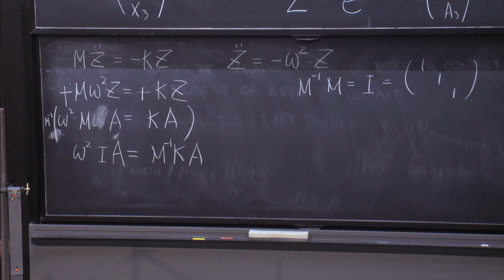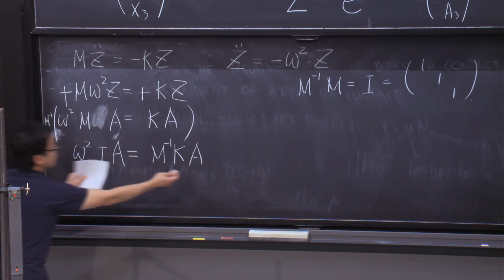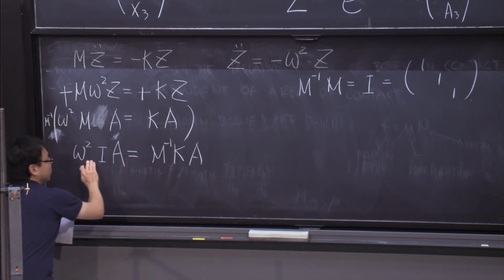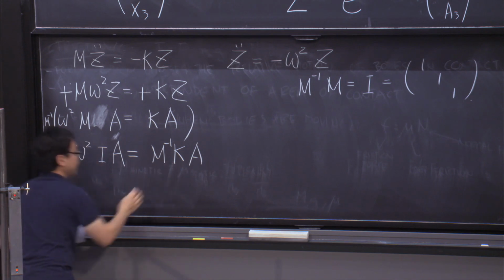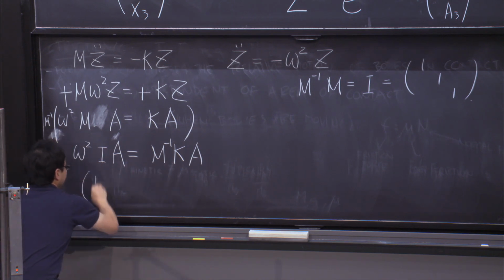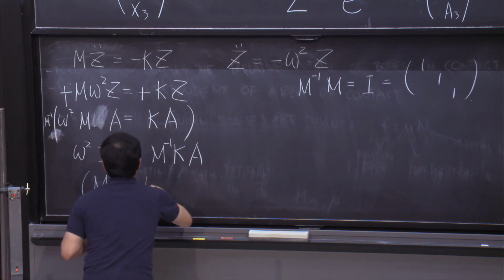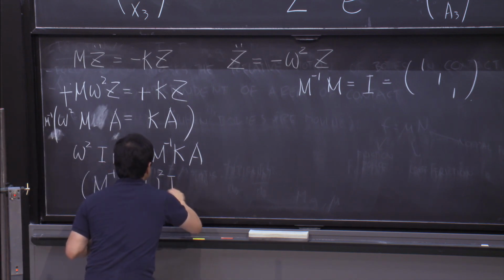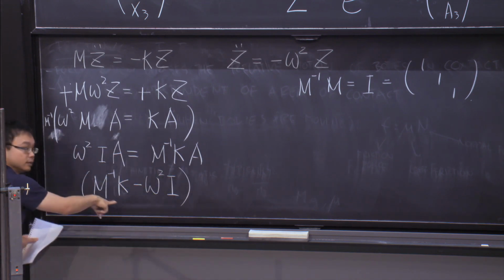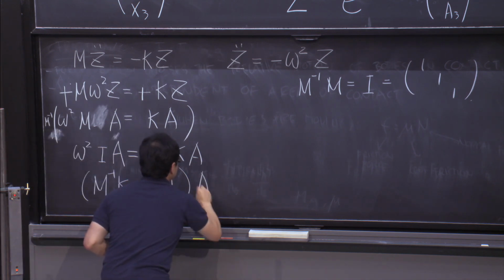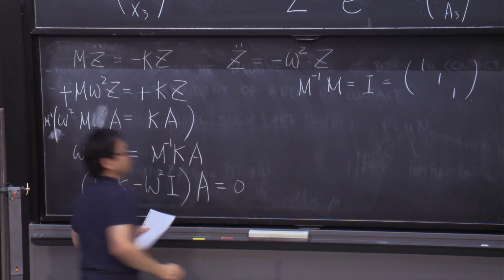So now I can move everything to the same side. I move the left-hand side to the right-hand side. Therefore, I get M minus 1 K minus omega squared I. Those are all matrices, times A, and this is equal to 0.